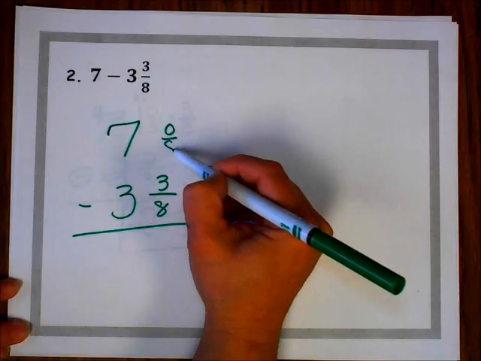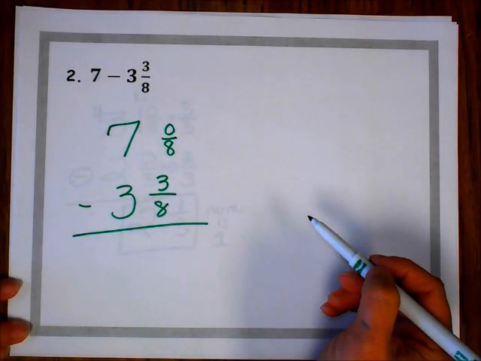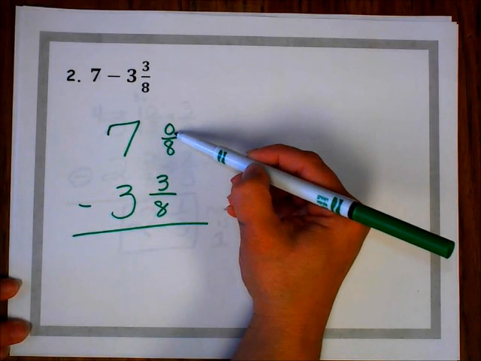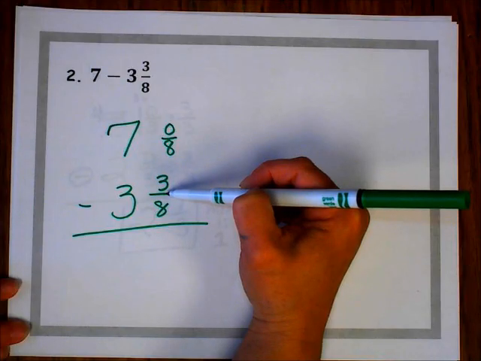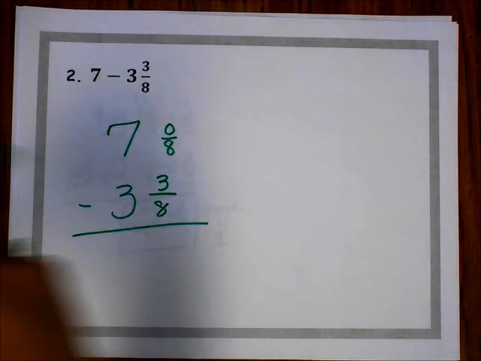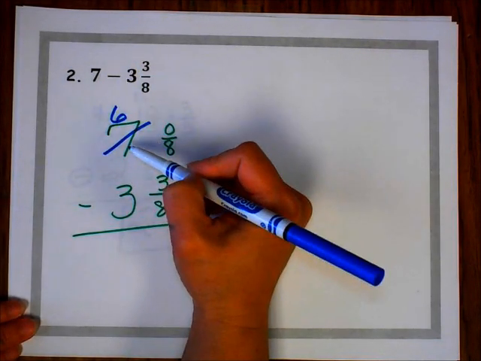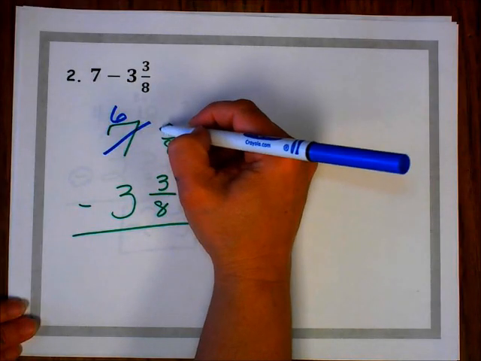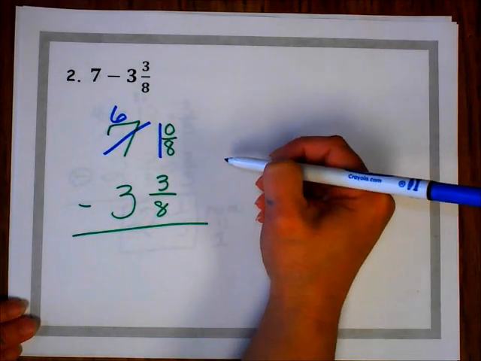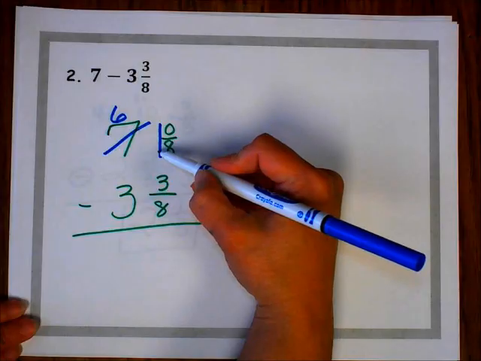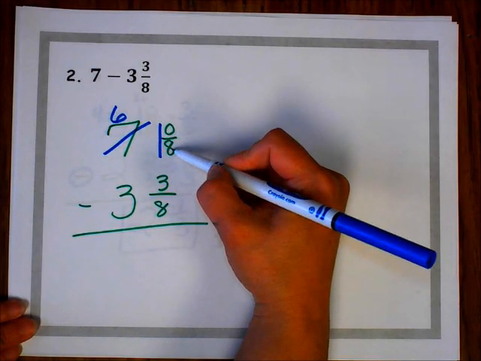So I'm going to put 0/8. Now notice, I can't do 0/8 minus 3/8, so I have to borrow from the 7. When I borrow from the 7, it becomes a 6. I borrowed 1 whole. So now I have 1 0/8.